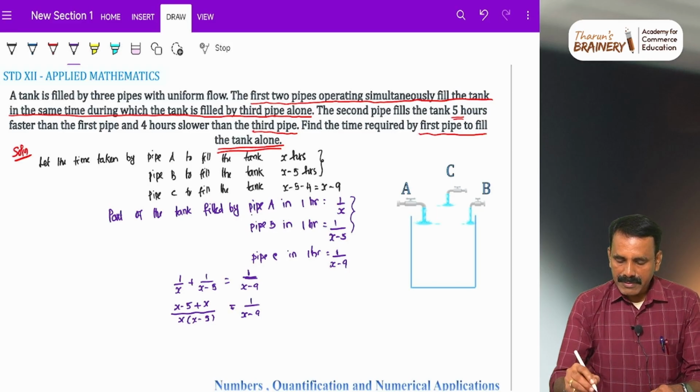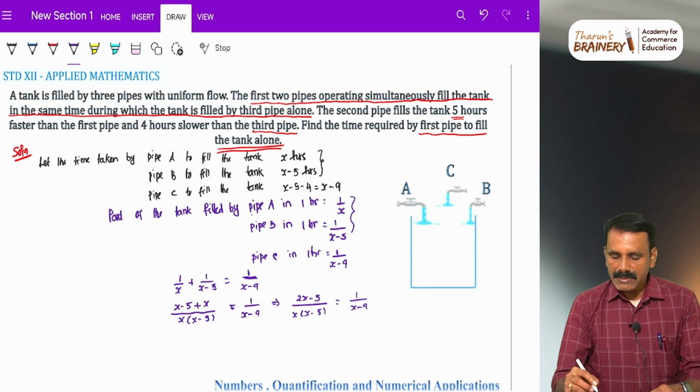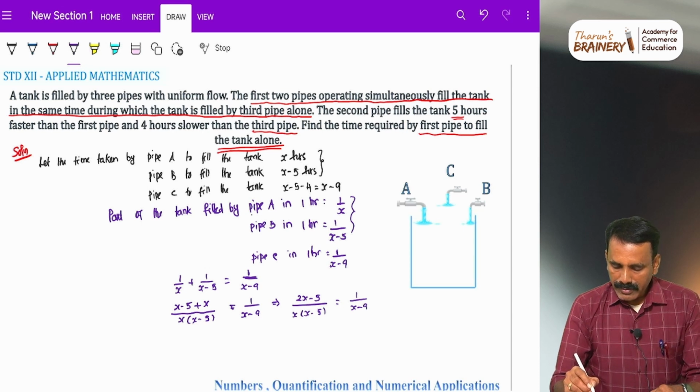So we simplify this expression. 2x minus 5 divided by x into x minus 5 is equal to 1 by x minus 9. We cross multiply this expression. So when you cross multiply, you will get 2x minus 5 into x minus 9 is equal to x into x minus 5.